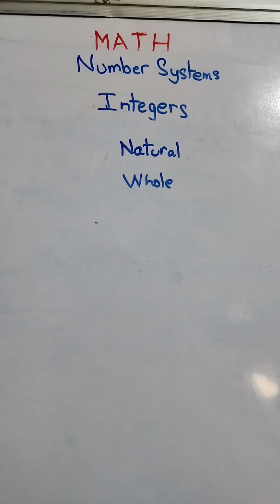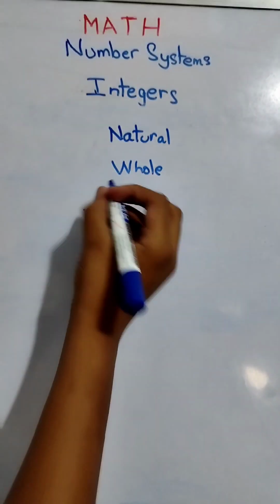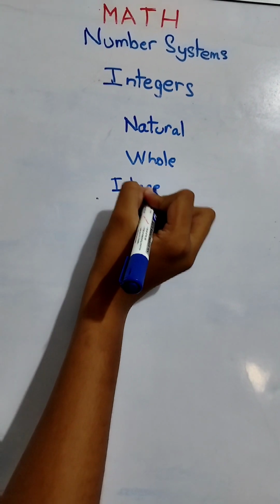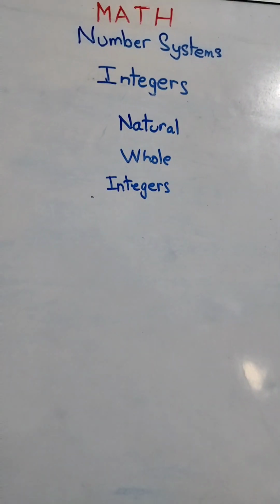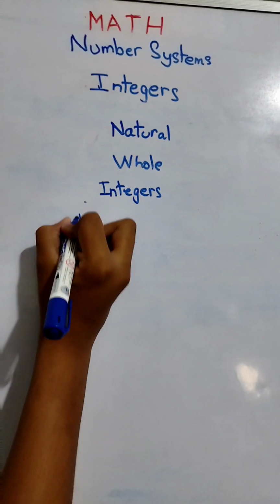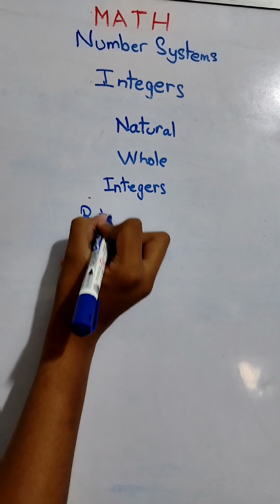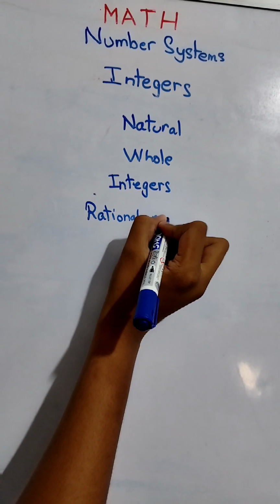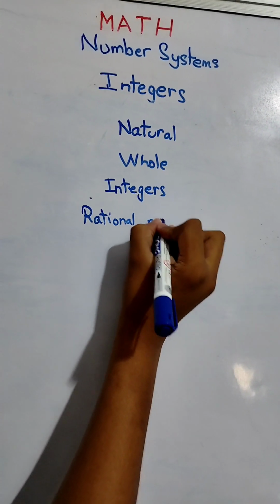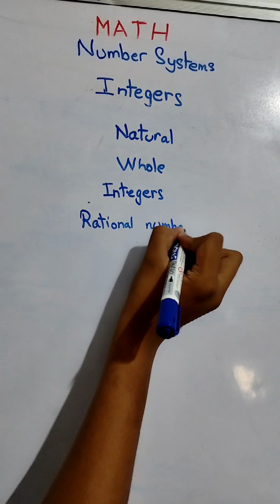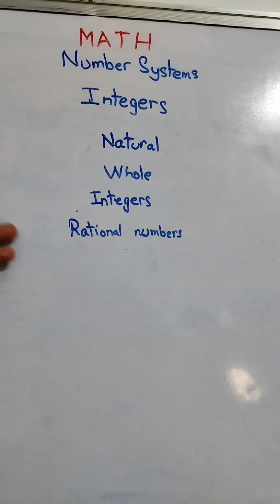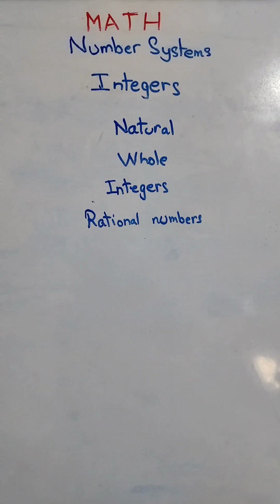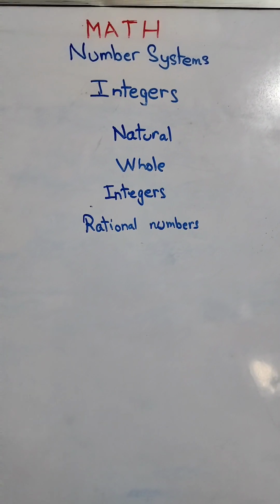But now we got two more additions to this circle, which are integers and, as we just discussed, rational numbers. Rational numbers are nothing but the fractions and negative fractions, which we'll come back to later on in another video.